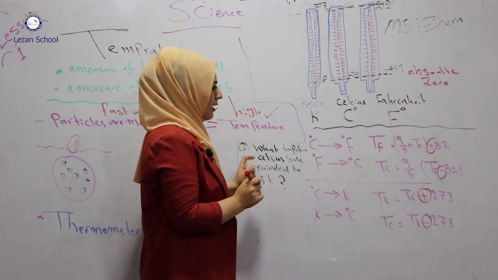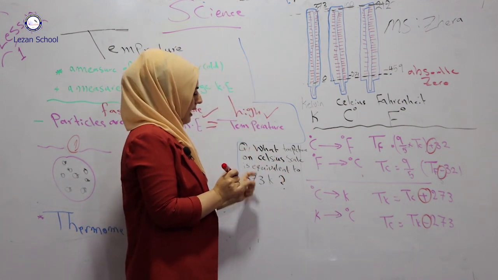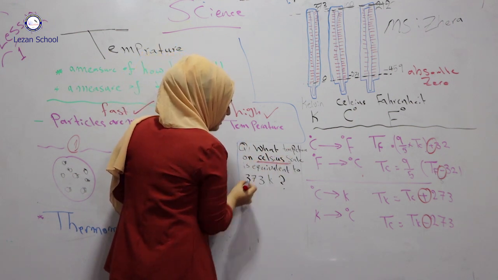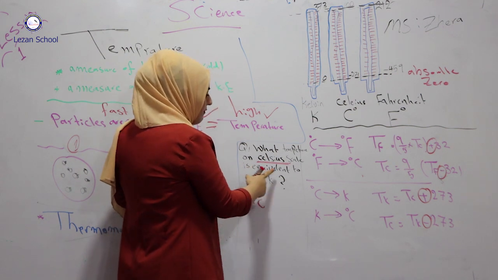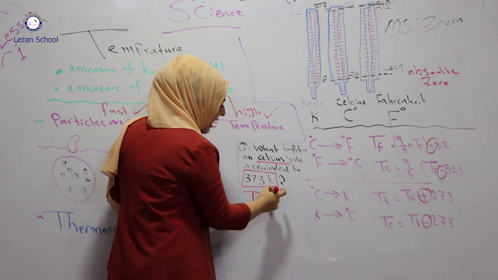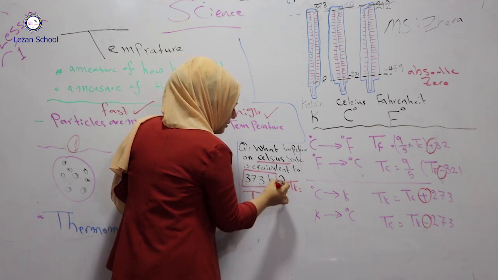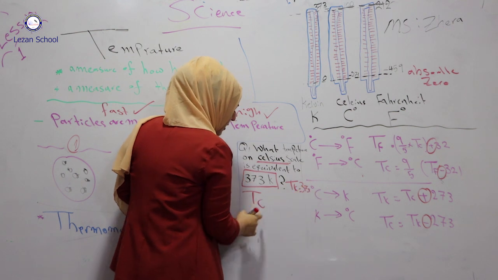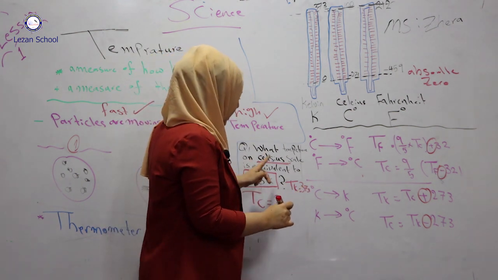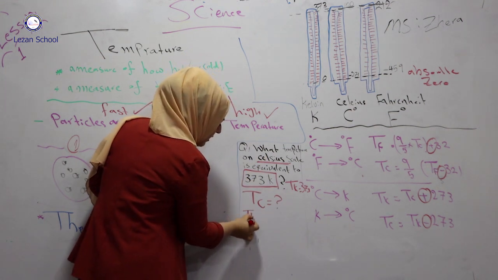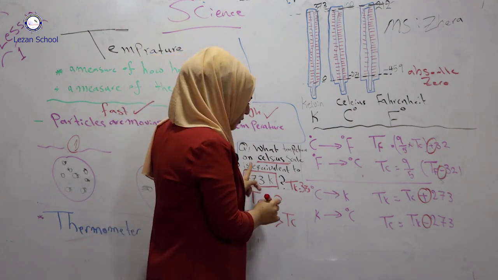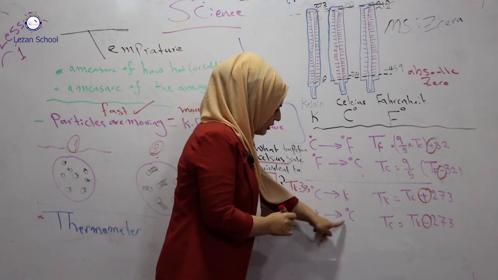Look at this question, the kind the teacher brings in the exam. What is the temperature on the Celsius scale equivalent to 373 Kelvin? We have T Kelvin equal to 373, and we need T Celsius. So we change the scale from Kelvin to Celsius.